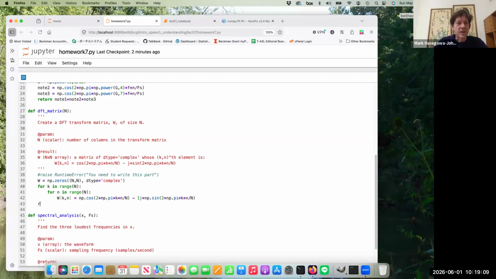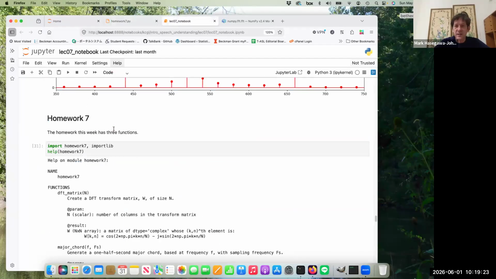And then we just return capital W. So we're just creating that matrix. It's the cosine of 2 pi kn over capital N minus j times the sine of 2 pi kn over capital N. Let's see if that gives us the analysis we wanted.